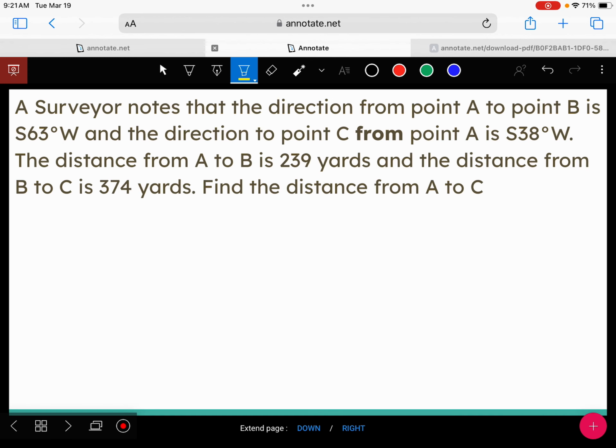All right. So our next one here is the surveyor one, just because I have no idea which order they printed it and if it's sideways or top down on your paper.